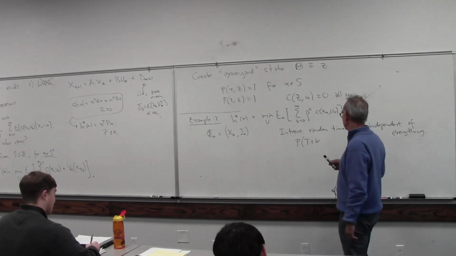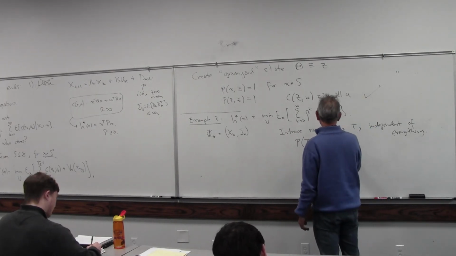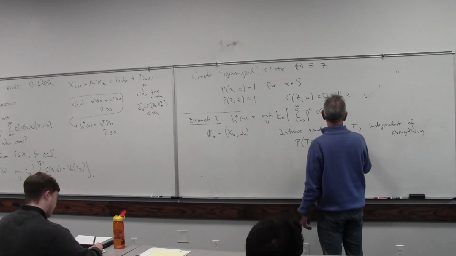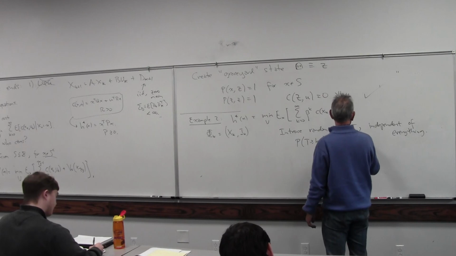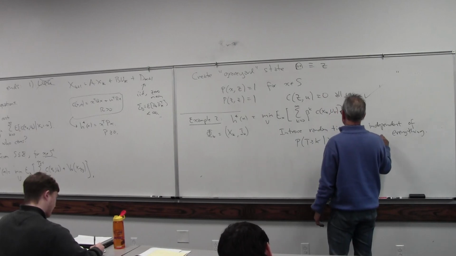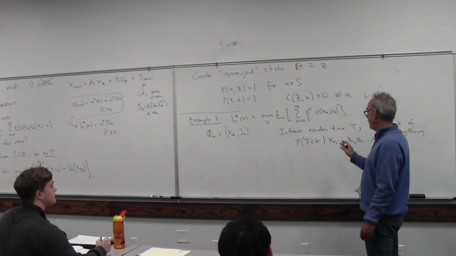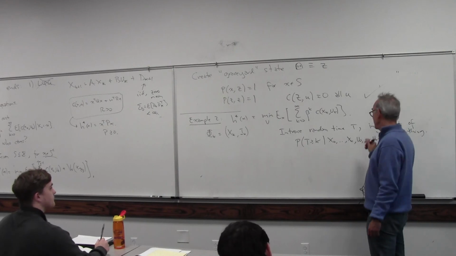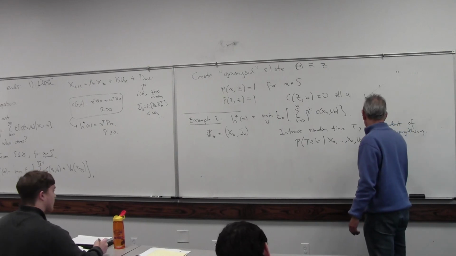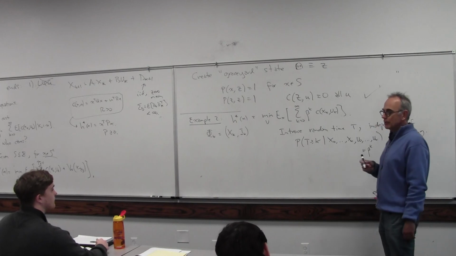Given x0 through xk, u0 through uk, that is independent of all this data, and it's just equal to beta to the k. So it's geometric.